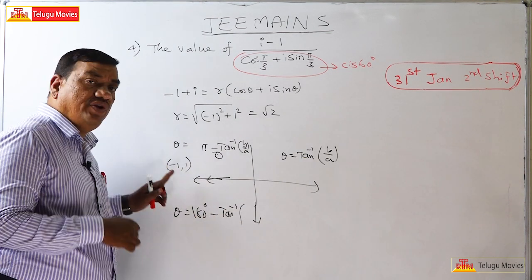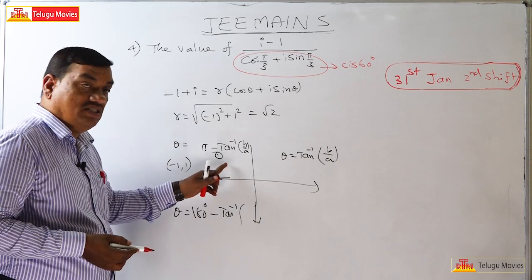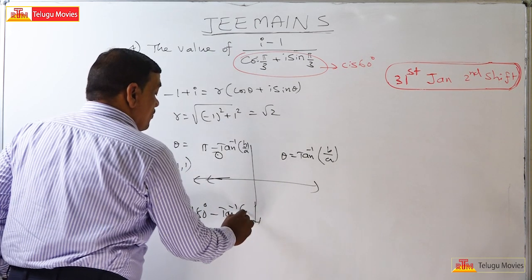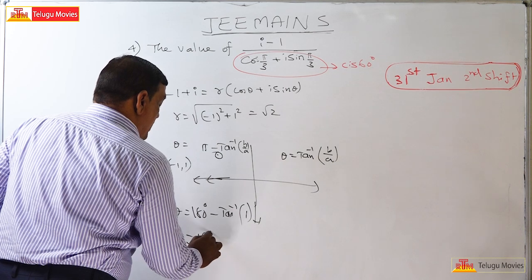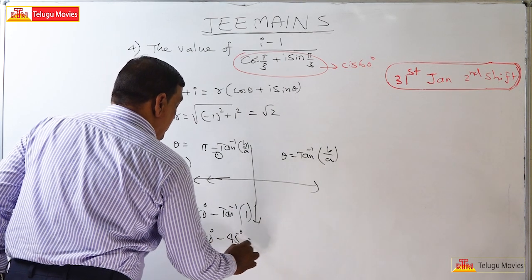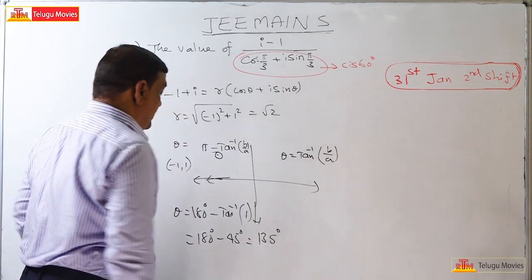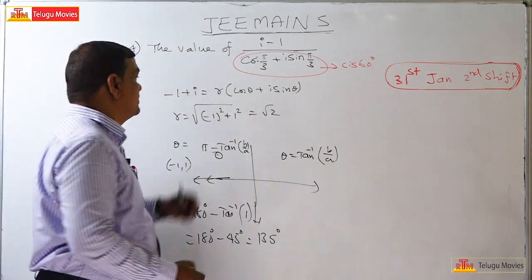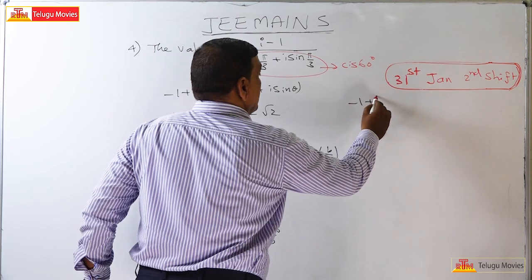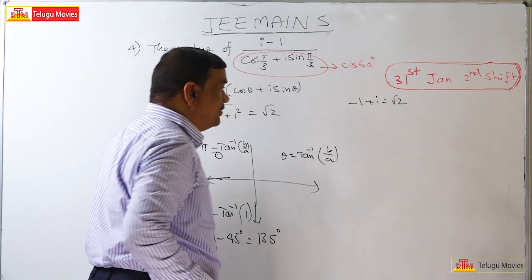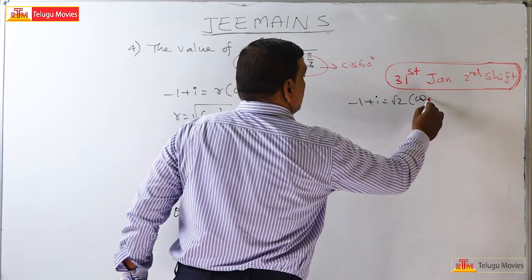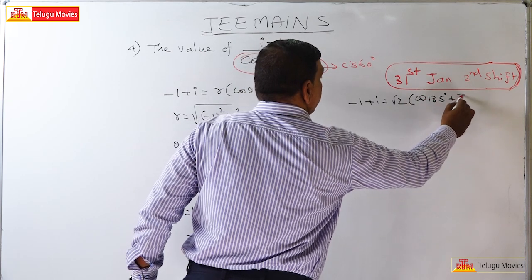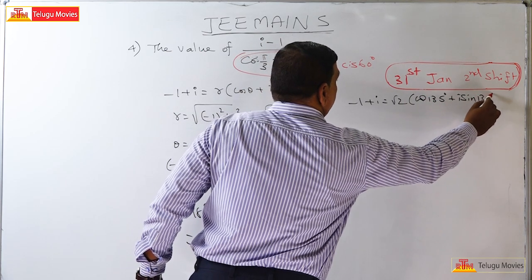We avoid the negative sign because it is in the second quadrant. 1 by 1 is 1, so it is 180 minus 45, that is 135 degrees. Therefore minus 1 plus i is equal to root 2 into (cos 135 degrees plus i sin 135 degrees).